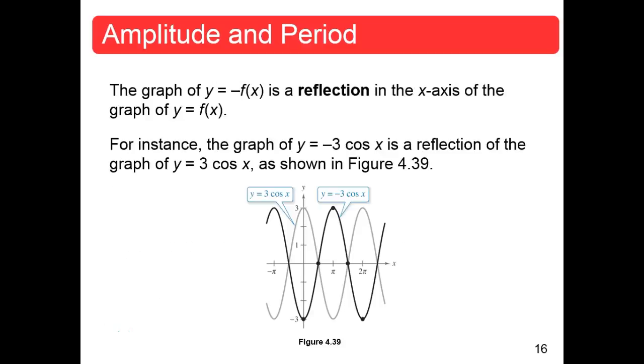Now, I already hinted at this. What happens if you have a minus in front of it? It's reflected across the x-axis. So if you have y equals 3 cosine x, where does cosine x usually begin?